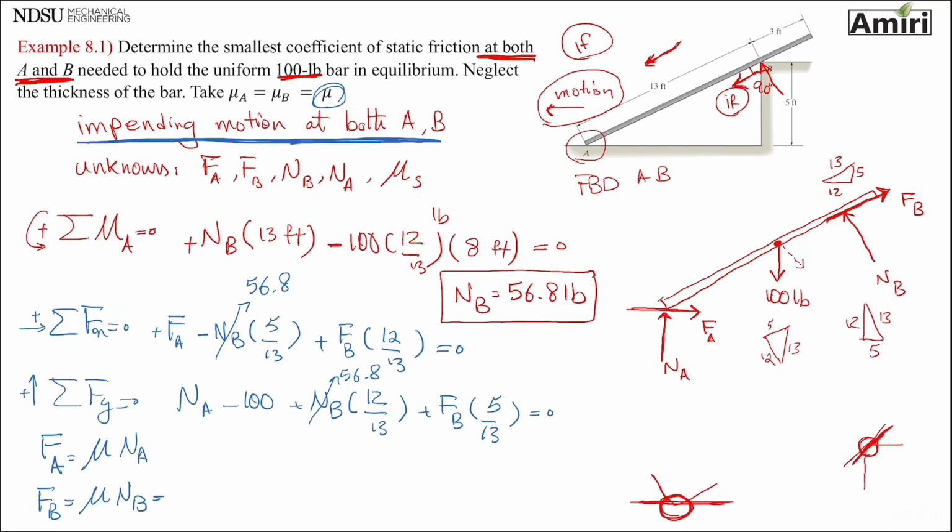NB I have it 56.8, so it's mu 56.8. So if I replace all of FA and FB in these two equations, I'm gonna go next slide.